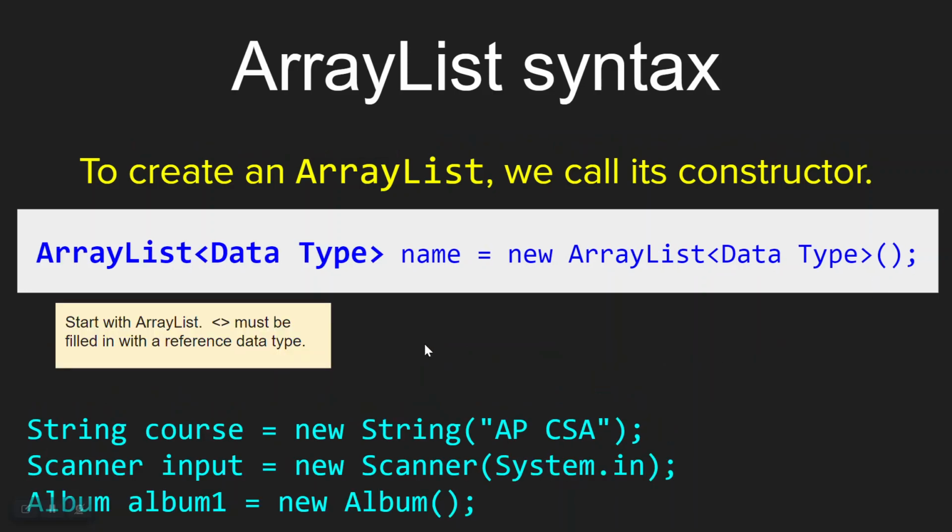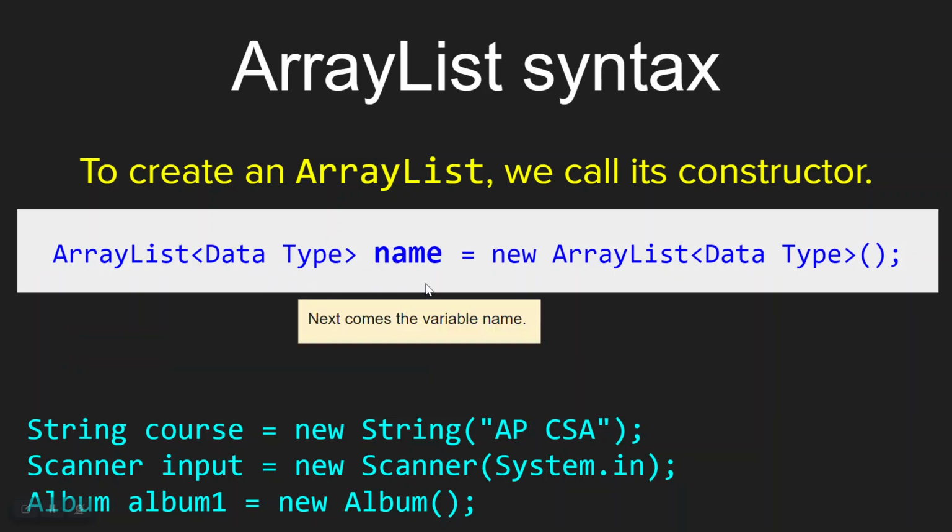All right, so let's go ahead and break this down. You start with the word ArrayList, and then your angle brackets here must be filled with a reference data type. So it would be String, it would be Album, it could be a number of things, as we'll see, but it's got to be a reference data type in here, which means it's going to be capitalized. Next comes the variable name.